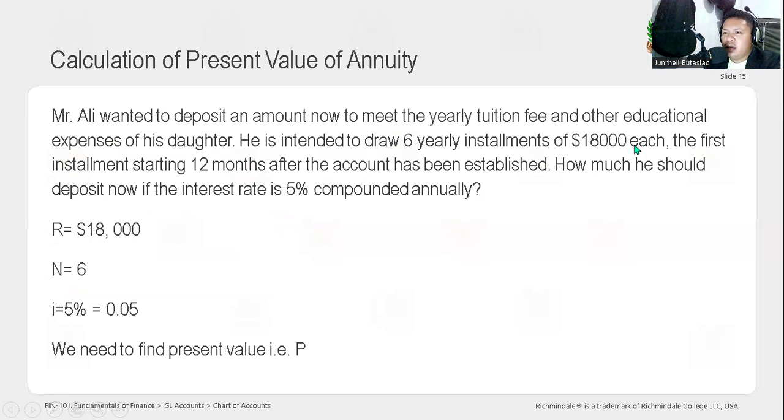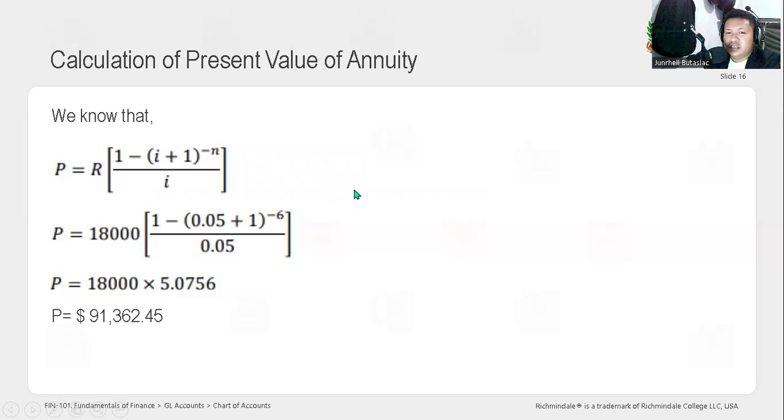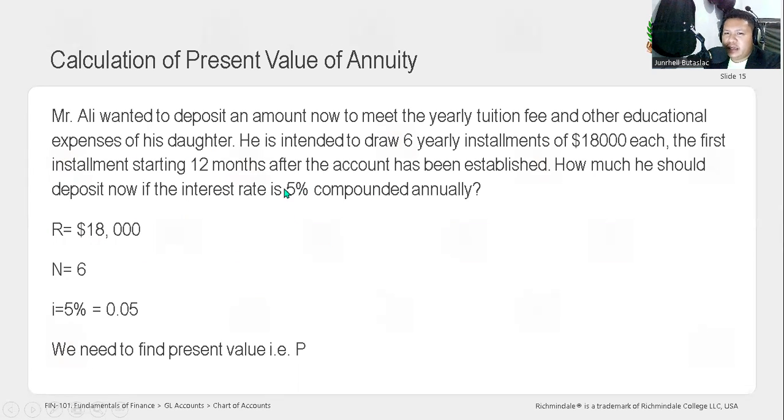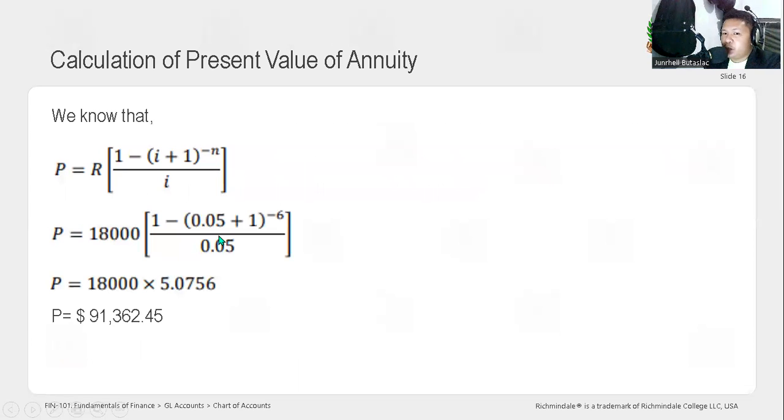What is R? Our R here is the $18,000. What about our I? Our I here is the 5% compounded annually, which is 0.05, plus 1 raised to the power of negative 6, over 0.05.